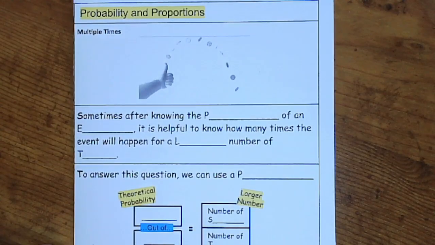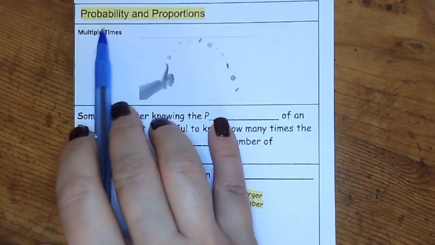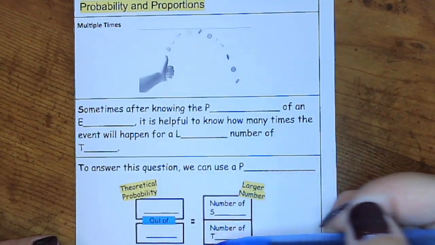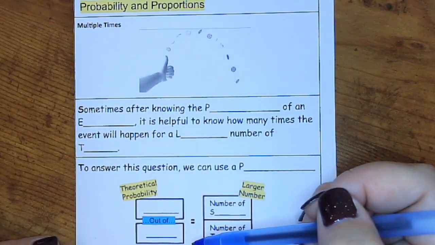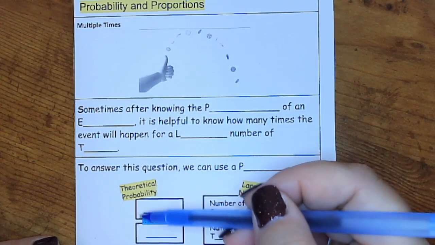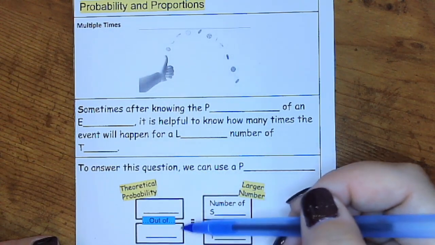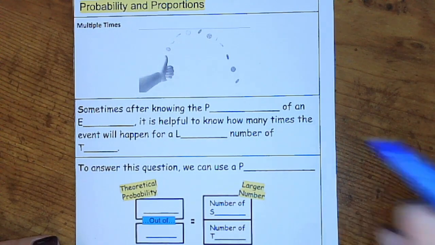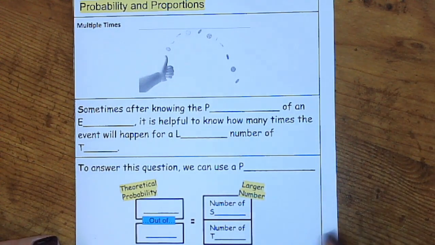In this video, we'll be talking about probability and proportions. So we'll set up a proportion to make a prediction for multiple events. Knowing the probability of one situation, we can make a prediction for something bigger or a larger number of times.